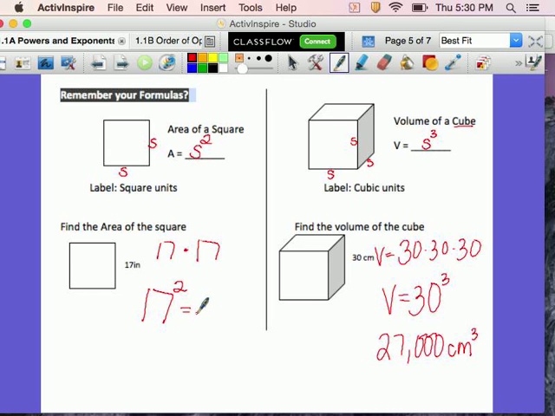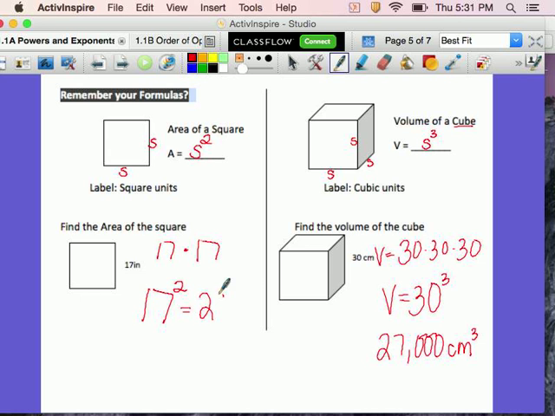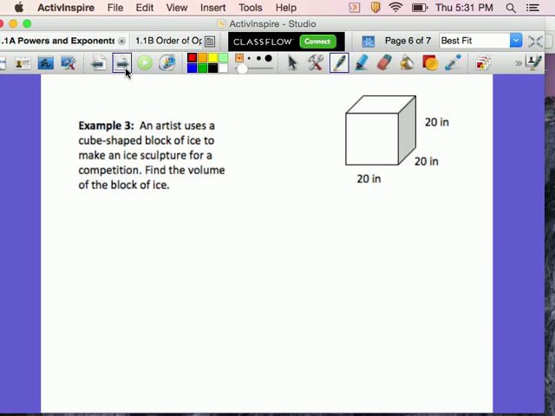So go ahead and calculate that on your calculator. And you should have gotten 289. Make sure you know how to use your calculator. It will help a little bit with the homework tonight.